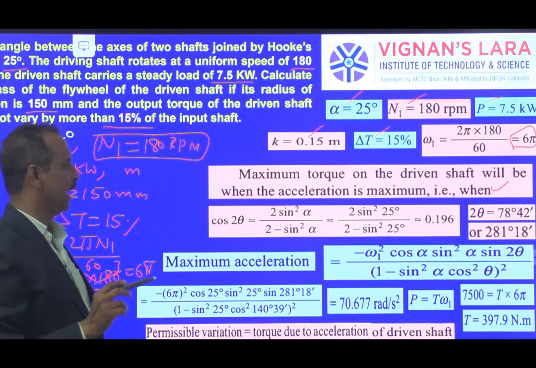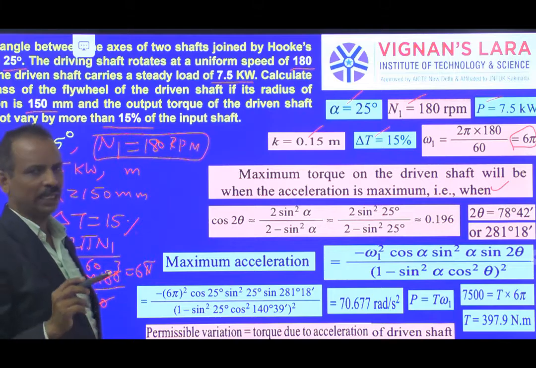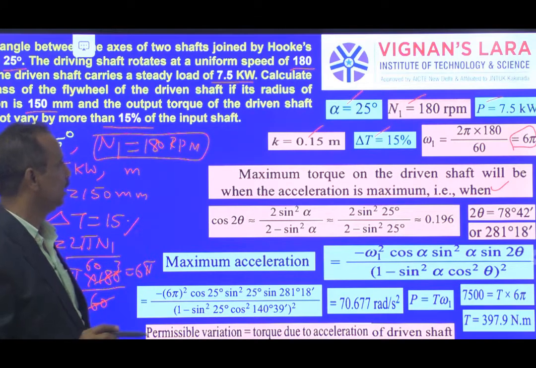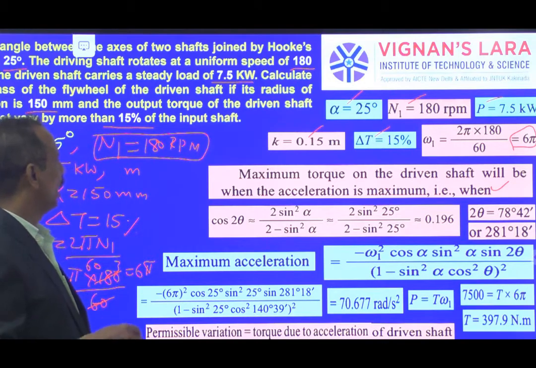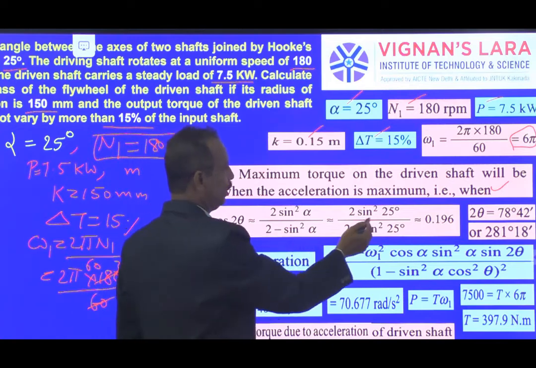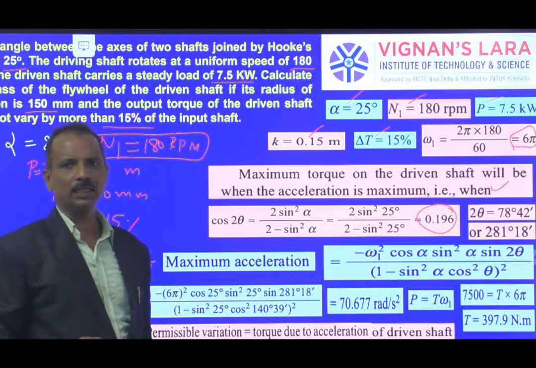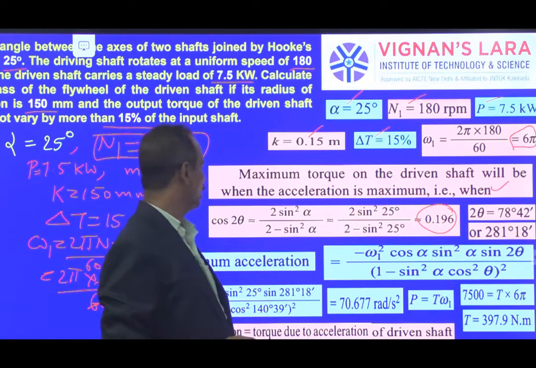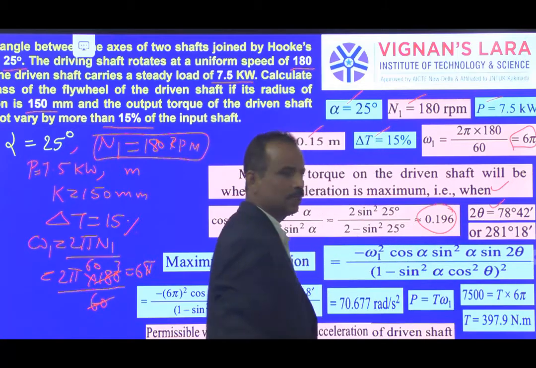At that particular angle theta, you will have maximum acceleration. When it is maximum acceleration, then automatically there will be the maximum torque. By substituting that data, you get the value of cos 2 theta as 0.196. Then cos inverse 0.196, 2 theta is 78 degrees.